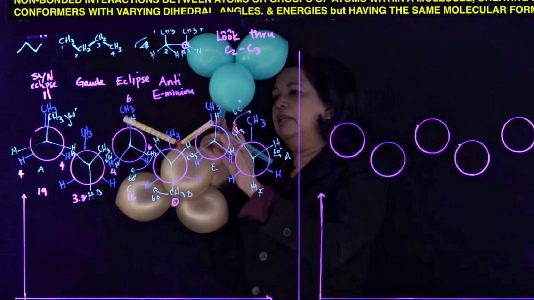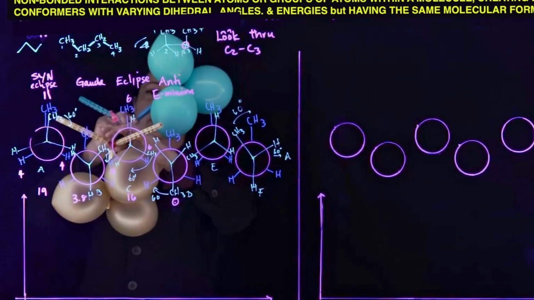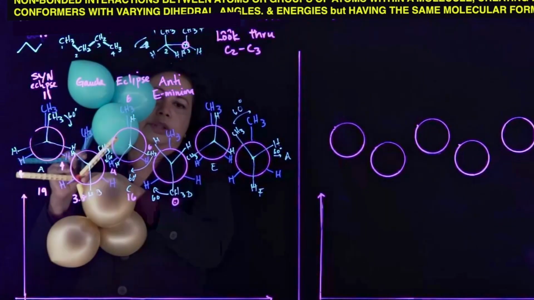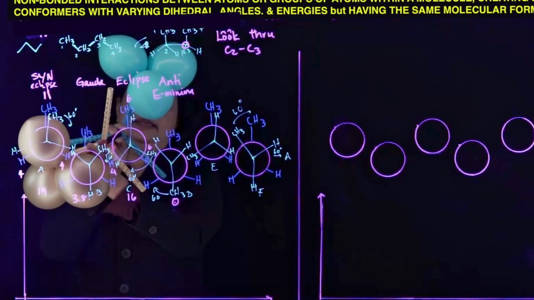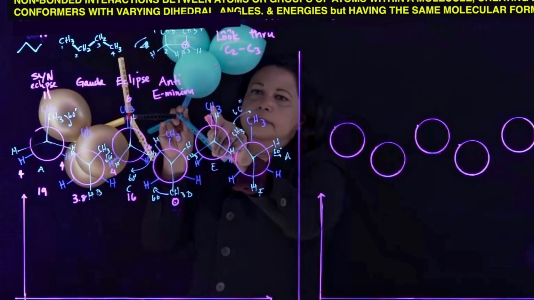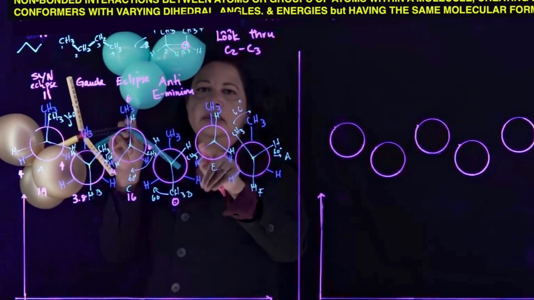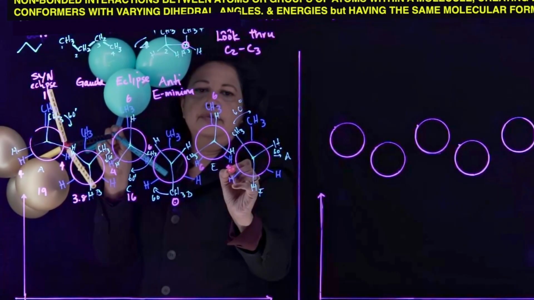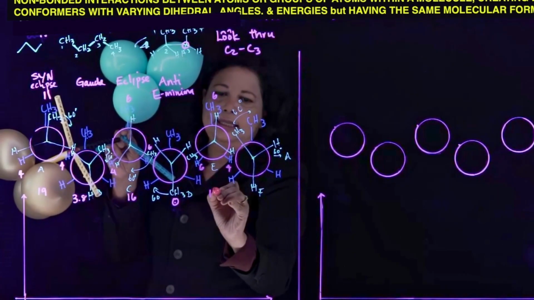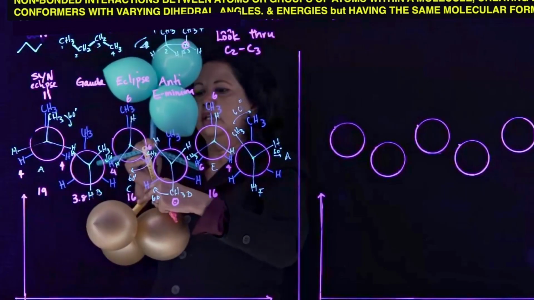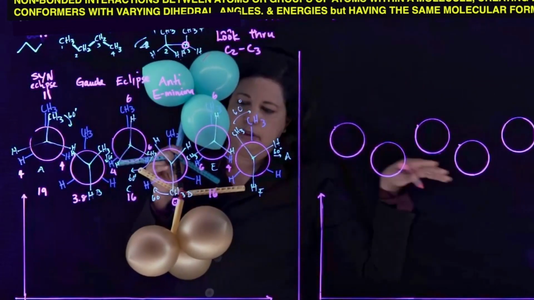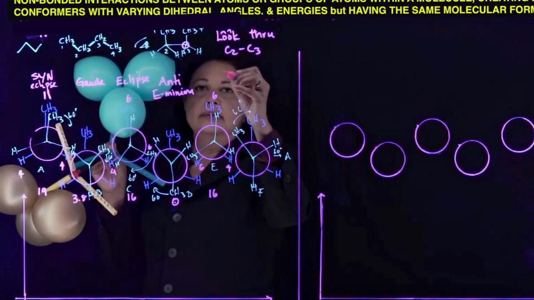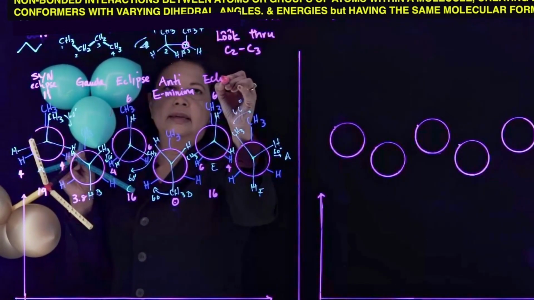Okay. Now, well, you can't stay there forever. Get back to work. So now here you're going to have back again an eclipsing interaction here. This is 6, 6, and 4. That's 16. This is a very symmetric molecule, so the energy graph is also going to be symmetrical. This is just an eclipse.